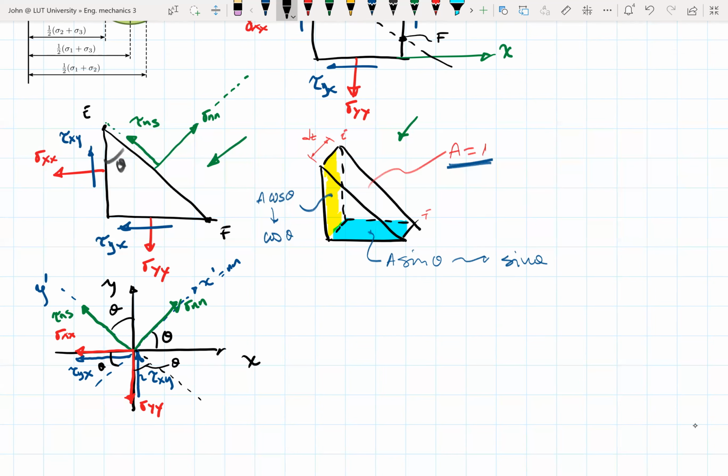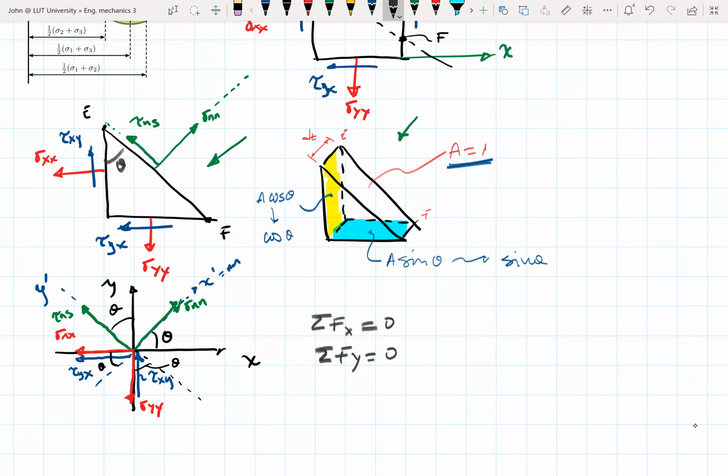I believe we're ready to apply the equilibrium conditions in this system here. But which would be the directions to follow? Because I could say, okay, I want equilibrium conditions along the x-axis, or along the y-axis. That's doable.